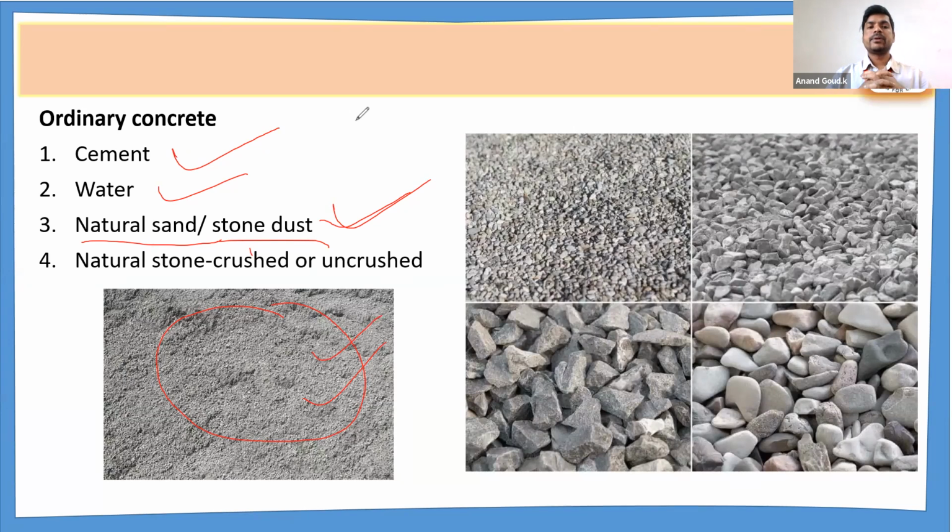See, you will be having huge rocks on the earth surface. That huge rock is converted into small aggregates like this. Whenever you convert those huge rocks or big stones into small stones, you will be getting one powder like material, right?